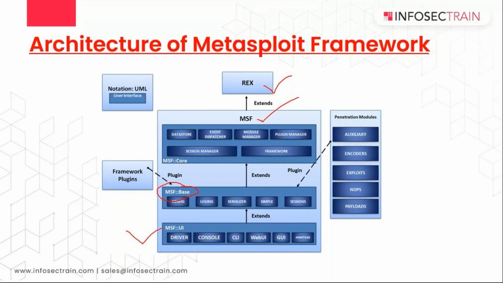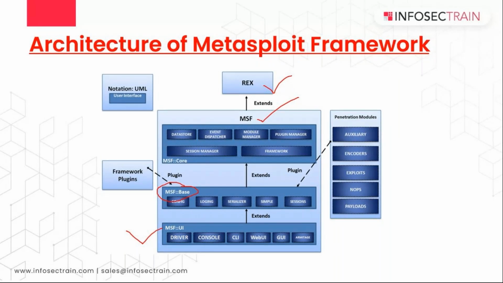Now this implements the support for different types of UIs in the framework. There is a web interface as well, there is a command console, there is a GUI as well. So who is giving that? This MSF UI.